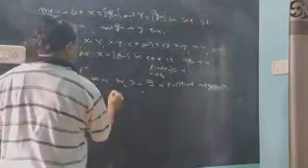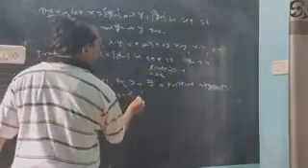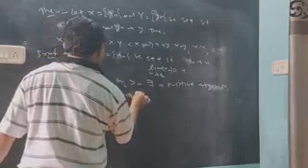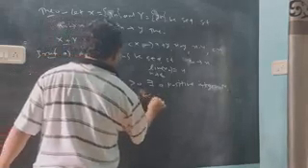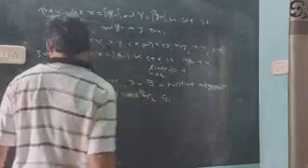Then we have mod of xn minus x is less than epsilon by 2.